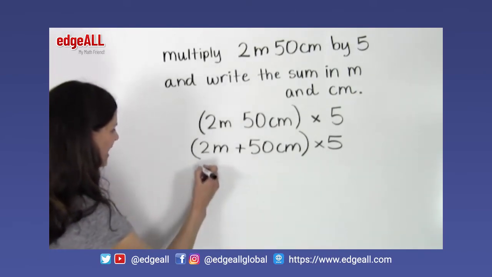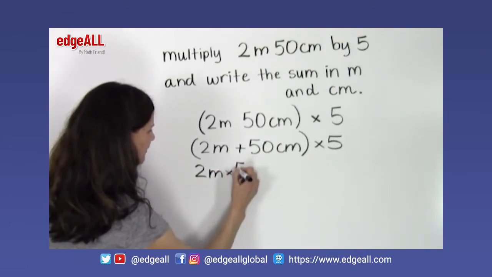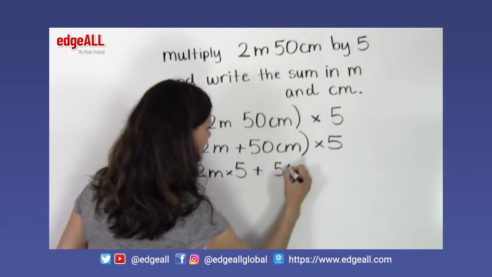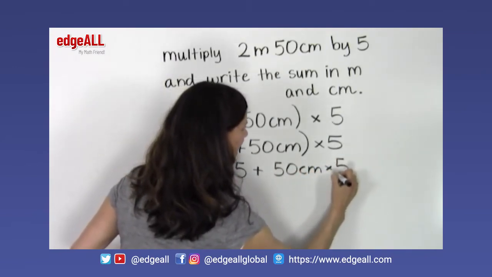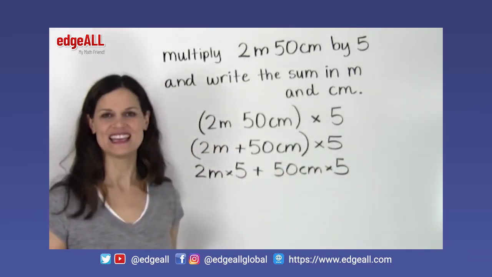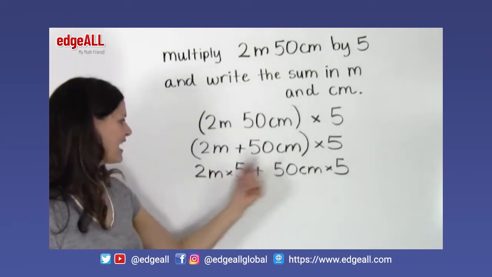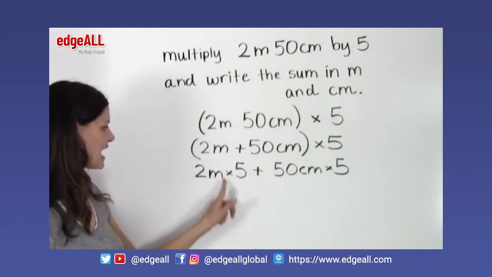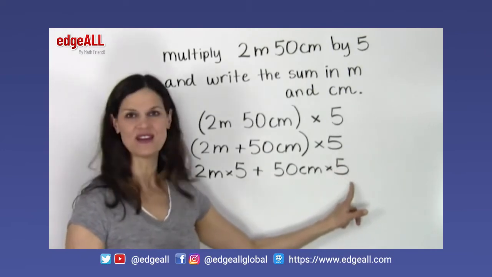So I'm going to rewrite this as 2 meters times 5 plus 50 centimeters times 5. This is where I distributed the multiply by 5 to both parts inside of the parentheses.